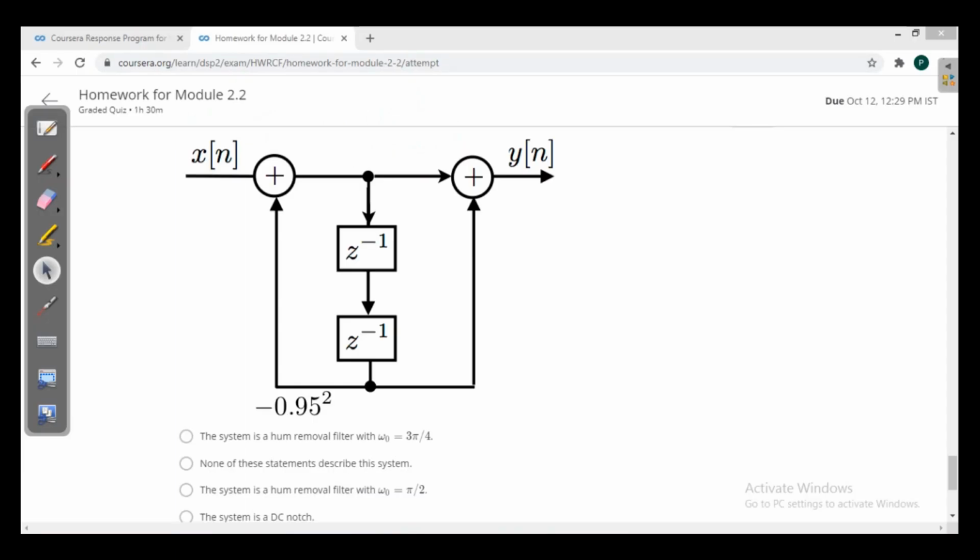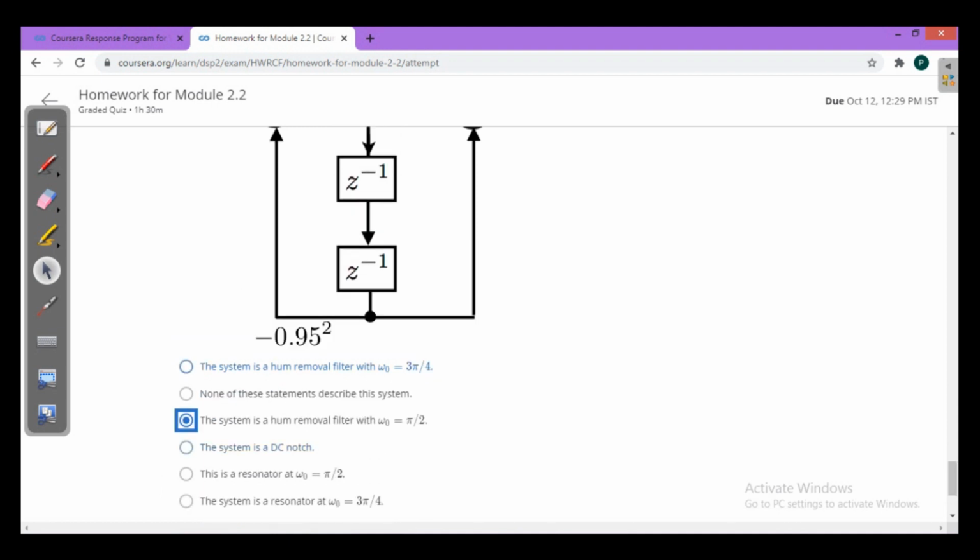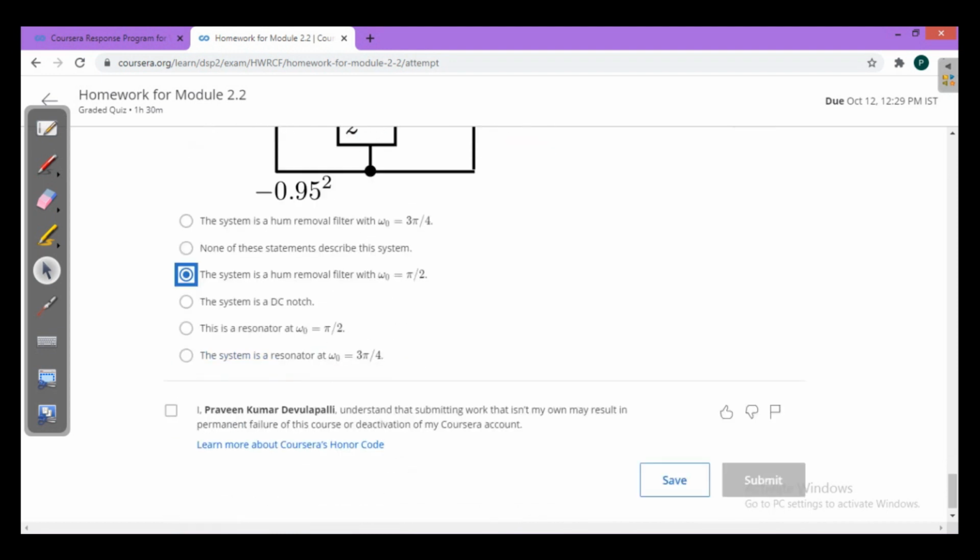So simply this is a noise removal filter. The cutoff frequency is pi by 2. Hum removal, which is nothing but the low frequency bursts, is generally caused because of lack of electrical grounds. System is a hum removal filter. Omega naught is equal to pi by 2. We'll see.